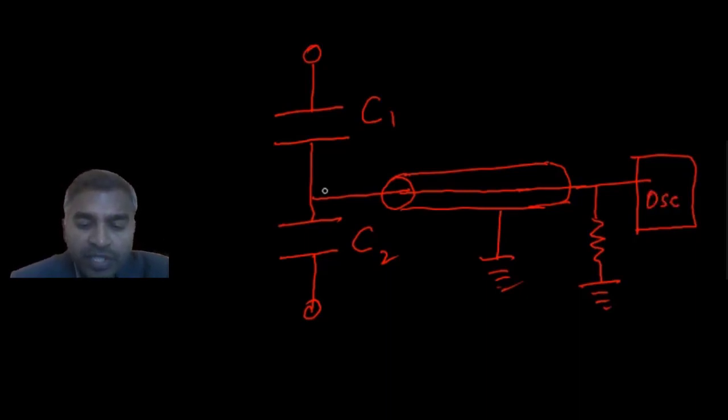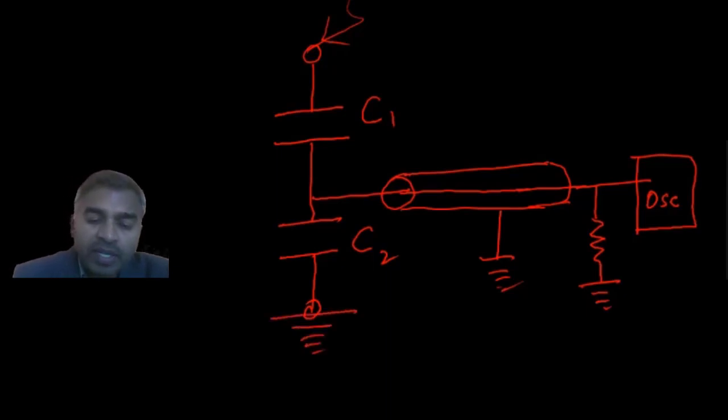C1 is at high voltage and C2 is grounded. If you ignore the cable impedance and connected impedance, and C1 and C2 are the capacitors, what will be the voltage V1 in terms of V2?